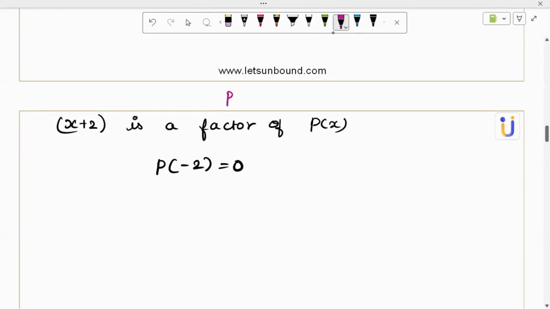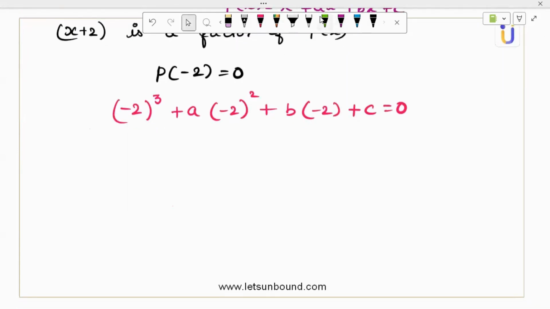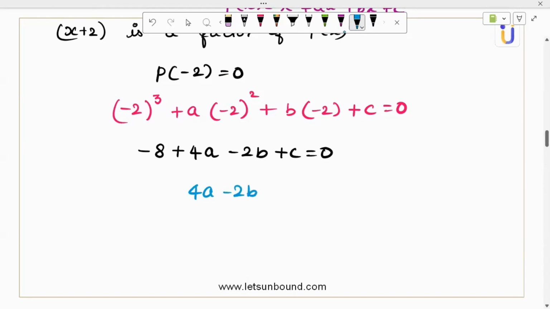The reference for P of x is x cubed plus ax squared plus bx plus c, and let's start substituting: minus 2 the whole cubed plus a times minus 2 the whole squared plus b times minus 2 plus c equals 0. Simplifying, minus 8 plus 4a minus 2b plus c equals 0. So 4a minus 2b plus c equals 8. This is my second equation.